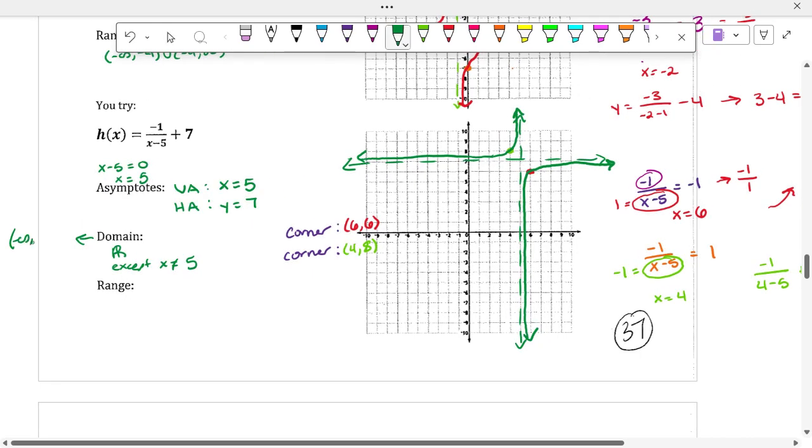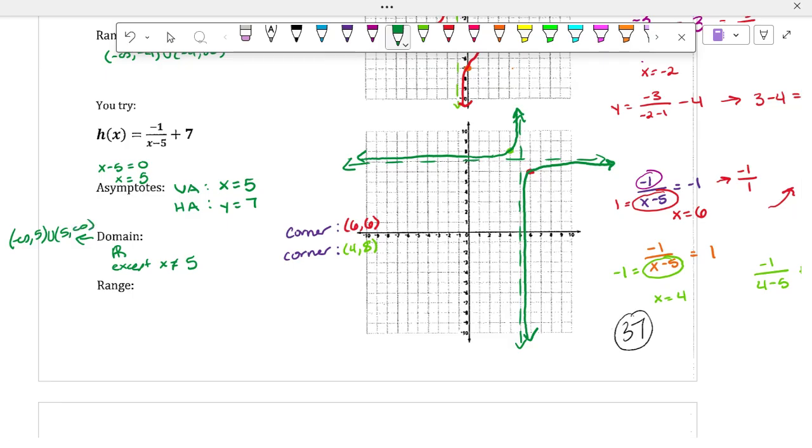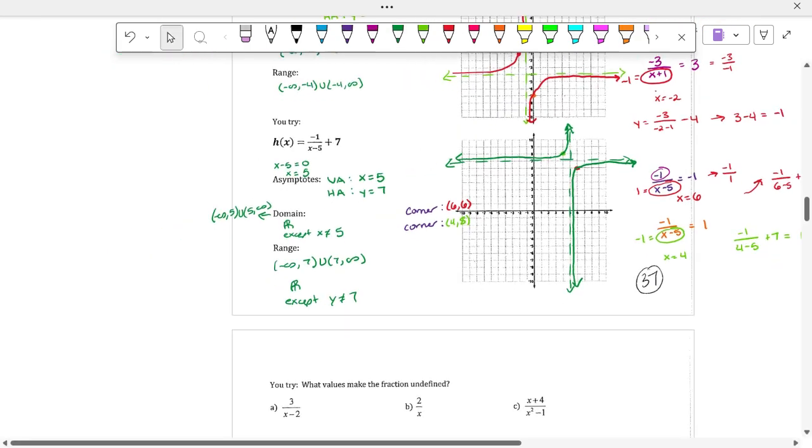So negative infinity to 5, union, 5 to infinity. Range? Yep, all real numbers except y cannot equal 7.